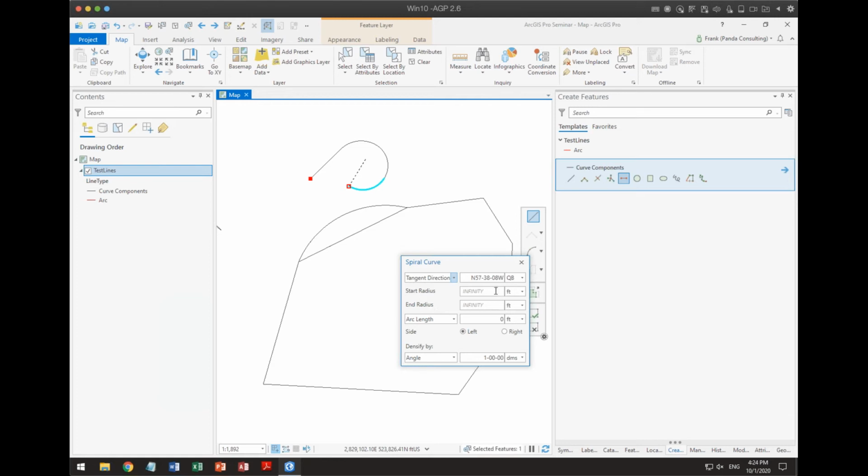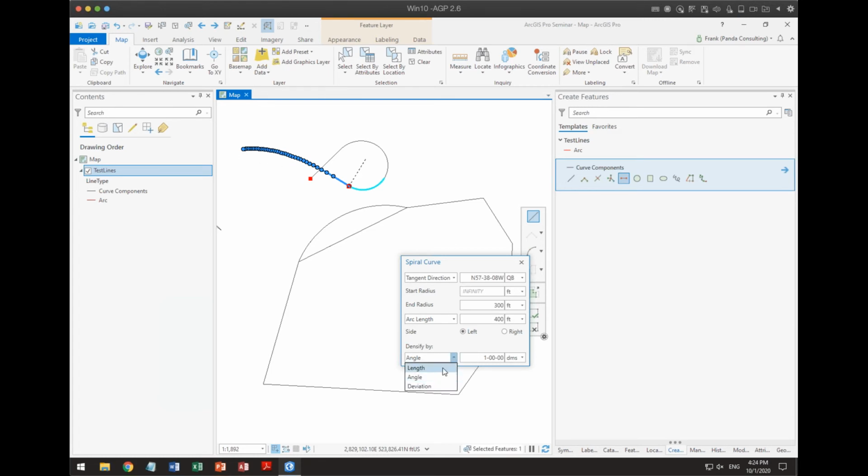In this case, let's say it's infinity, and it's going to end at 300 feet. The parameter that we're given is either a central angle or an arc length in here. Let's put 400 feet in here as the arc length. And you can see in here where it is actually changing the radiuses as it goes along.